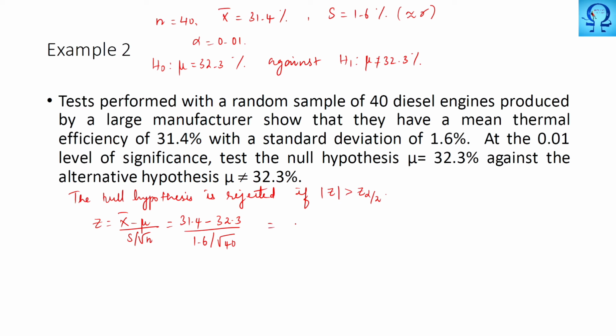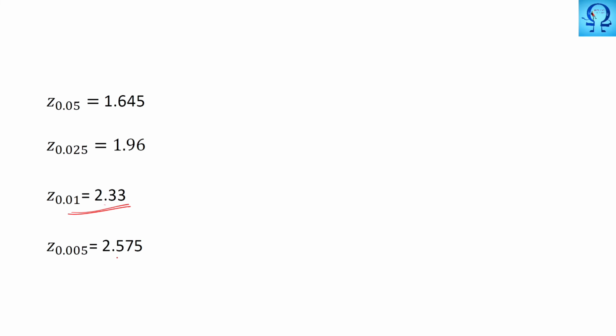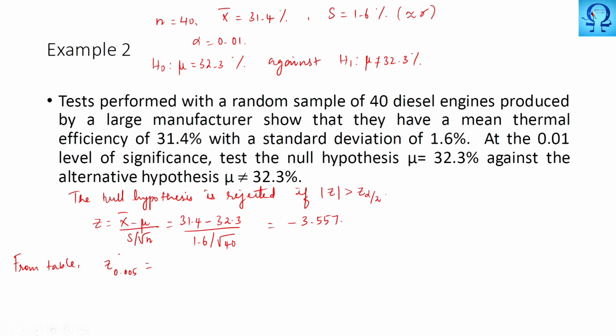When you perform the calculation, you get minus 3.557. And what is z alpha upon 2? Alpha is 0.01, so it is 0.005. So this value we will have to read from the table. So z 0.005 is 2.575.